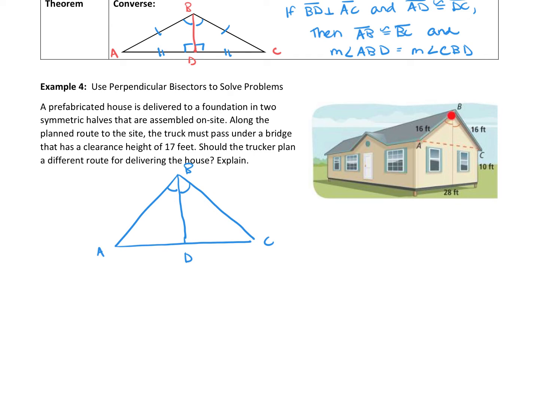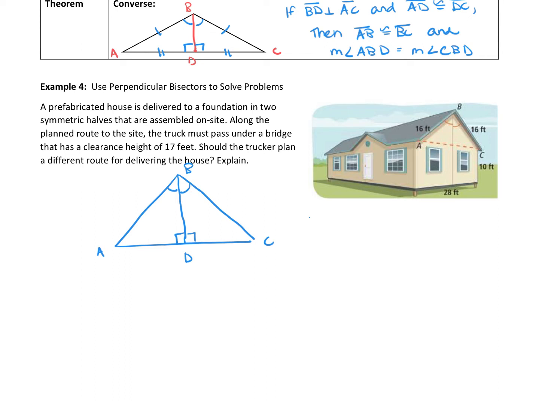So this seam right here is vertical, this is horizontal, so that is going to form a 90-degree angle right there. So what we have is BD with those 90 degrees makes it perpendicular to AC, and we have congruent angles up here.